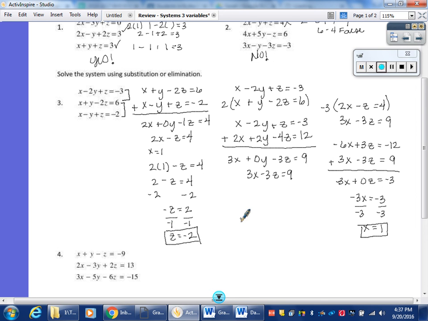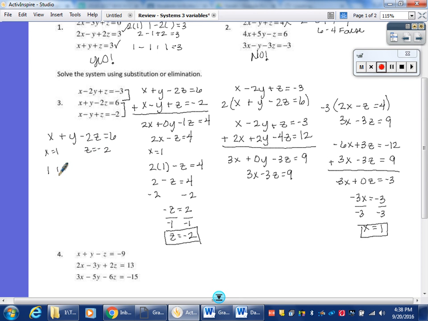Now what we need to do is find y, and the way we find y is by using one of our original equations and solving for y. I'm going to use the second one just because I like that y is positive here. So this is x plus y minus 2z is equal to 6, and I know that x is 1 and z is negative 2.